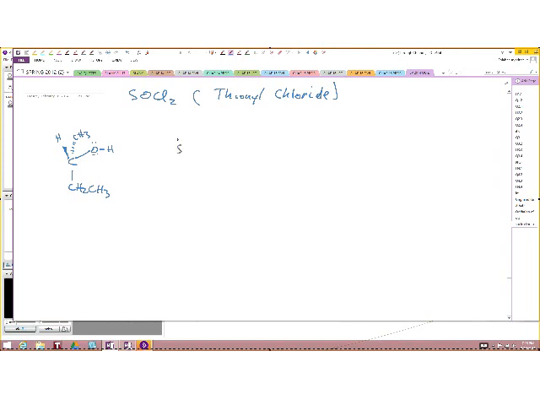Then you have thionyl chloride. What happens? Non-bonding electron on oxygen. In all of these cases, you could almost predict what is going to happen. Attach the sulfur, the pi electron goes to oxygen.